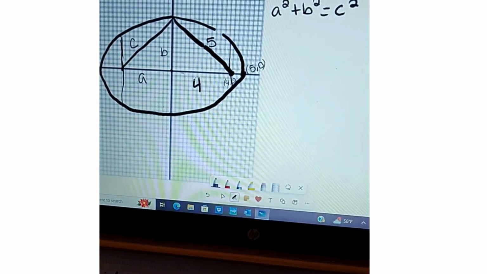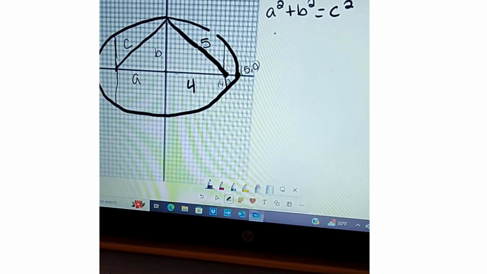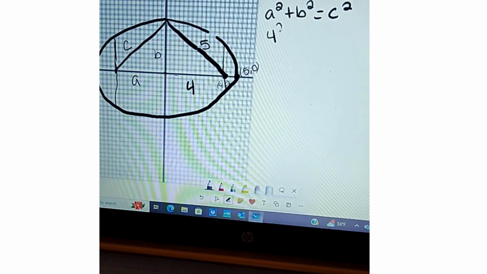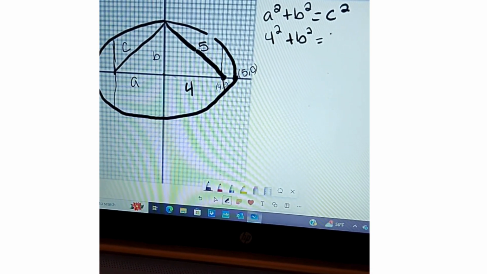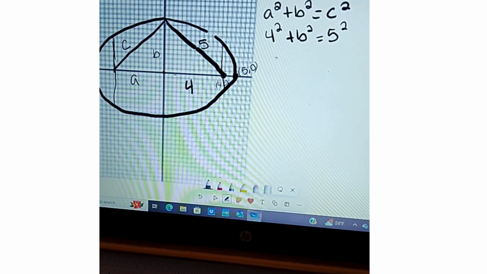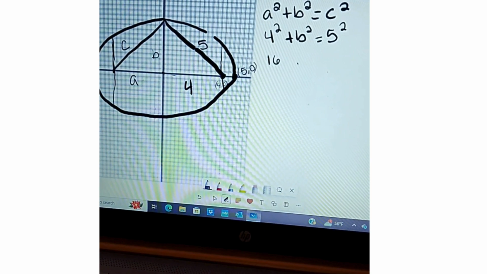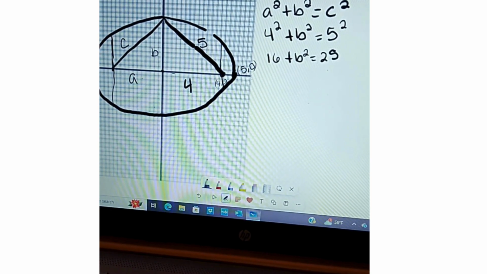So we know a and we know c, so let's plug it in and find out what b is. 4 squared plus b squared is equal to c, which is 5 squared. So 16 plus b squared equals 25.